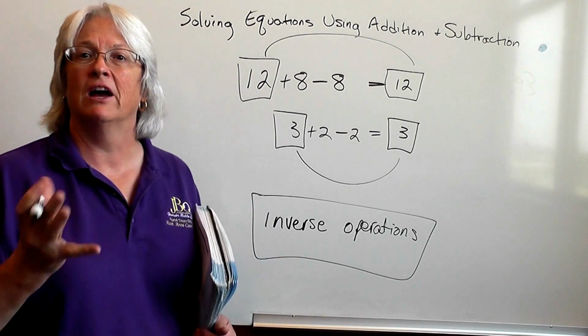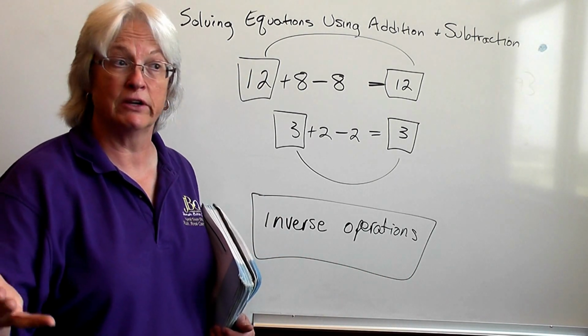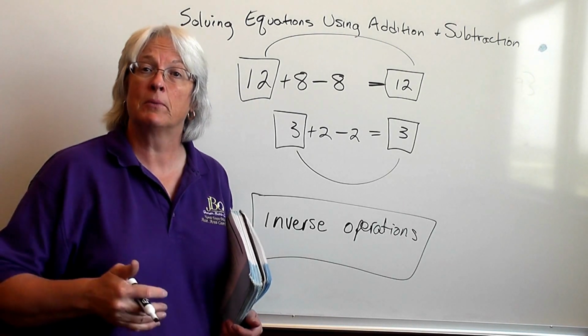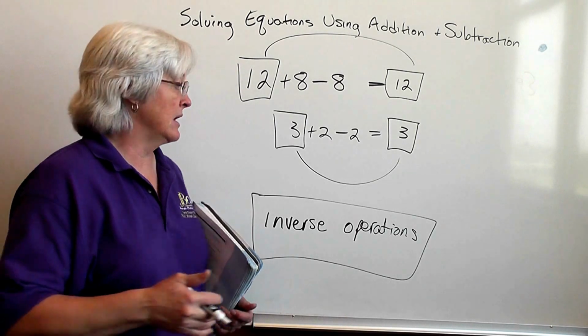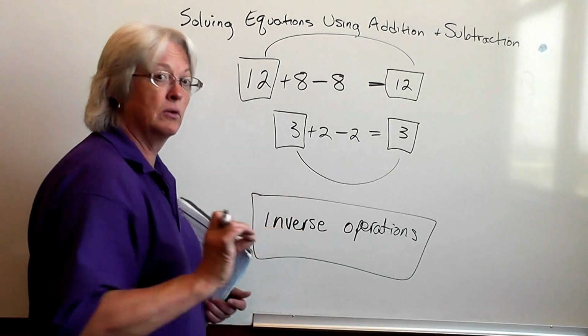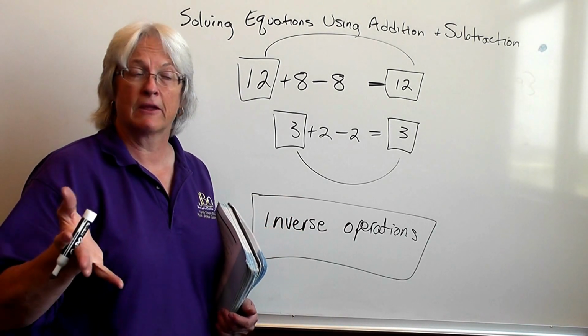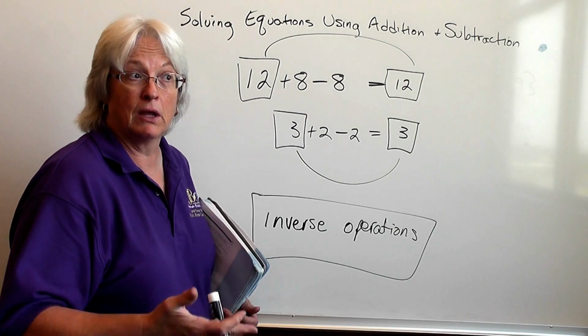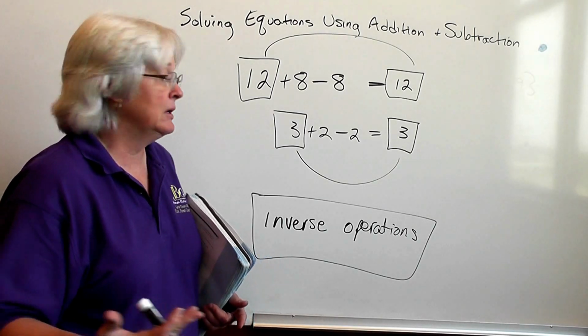Algebra, pre-algebra, geometry, biology, all of these a little bit upper level classes that you're starting to take. A whole lot of it has to do with vocabulary. In biology, if you don't know what mitochondria are, you can't tell me anything about mitochondria.